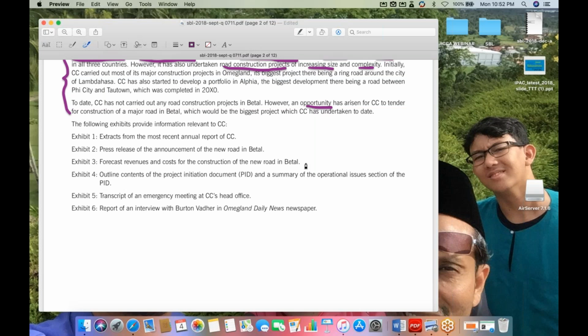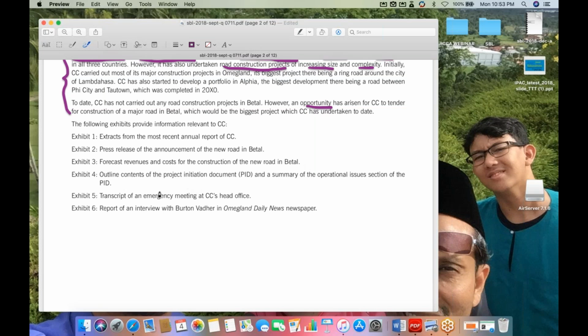Remember, the experience that CC has is actually in Alfia and Omeglon, which is similar in nature. And now they're supposed to be forecasting for Beetle, which has different geographical factors. So this may give you some idea that they may have to anticipate more cost. So are they doing it correctly?